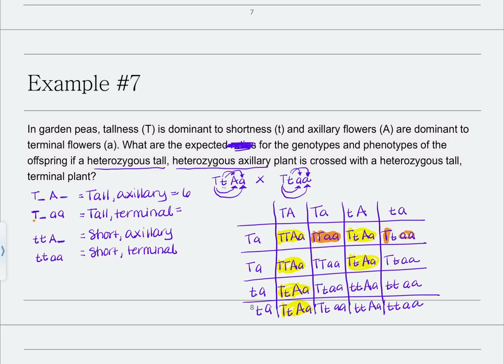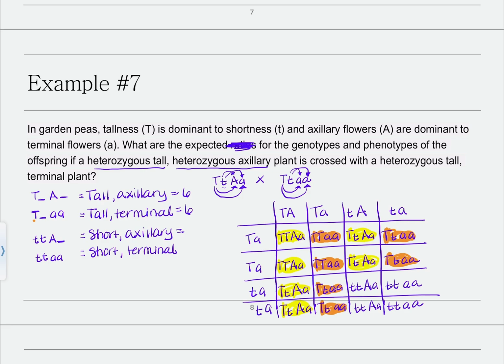Dominant allele, 2 recessives, tall and terminal. Dominant, 2 recessives, tall and terminal, and that's it. So again, we produce 6.